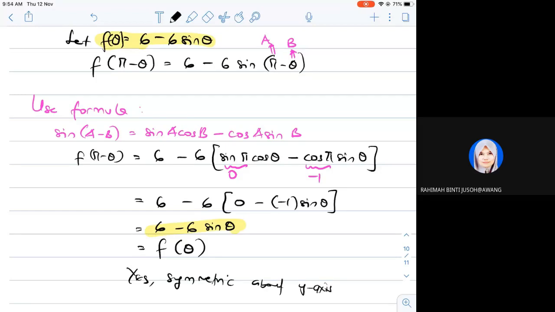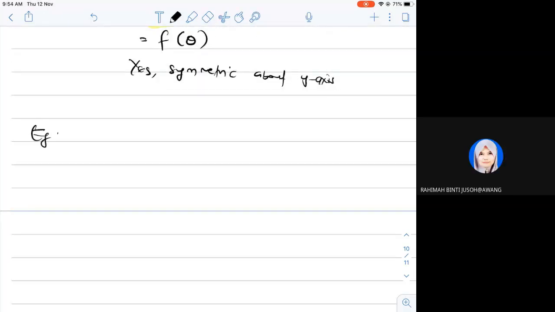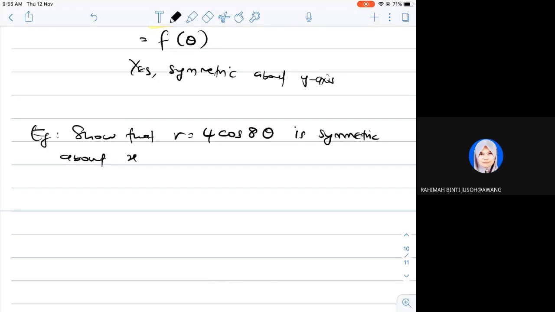Understand, guys? Yes. Okay, good. Now, example, show that r equals 4 cos 8 theta is symmetric about... x-axis senang, kita buat about the pole, about the origin or the pole.